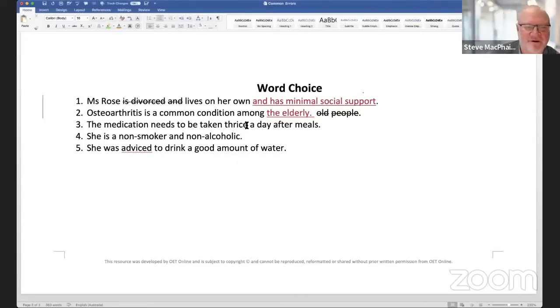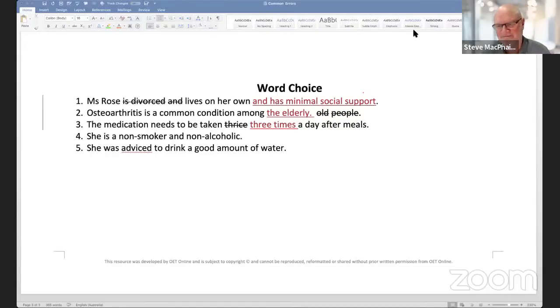All right, next one, thrice a day. No, we can say once, we can say twice, but thrice is old-fashioned. Don't use it. The medication needs to be taken, what do we put? Three times, just add an S, three times a day. Once, twice, three times. Thrice is not informal.